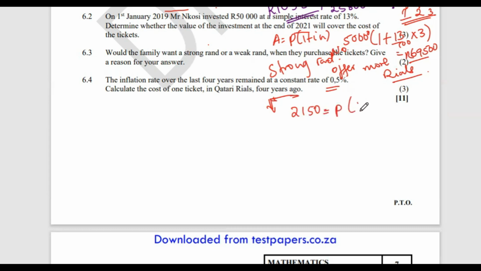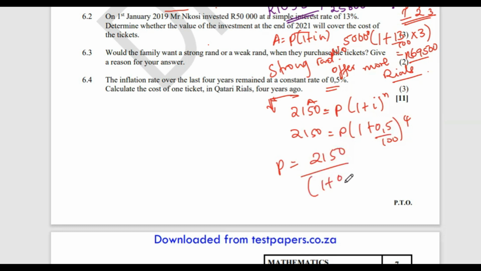So we're looking for the P and we use A equals P into 1 plus i to the exponent of n. So 2,150 is equal to P into 1 plus 0.5 over 100 to the exponent of 4. Simplify your right-hand side and then divide by that side. So 2,150 divided by 1 plus 0.5 over 100 to the exponent of 4.